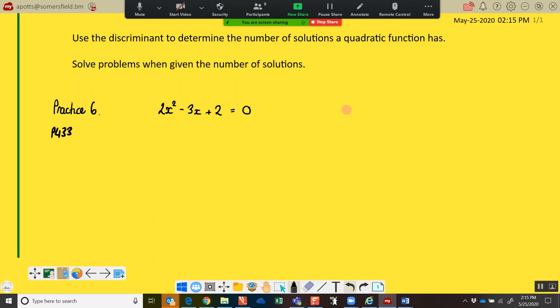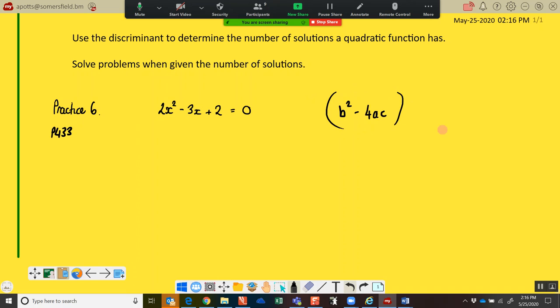Root b squared minus 4. So it's actually just the b squared minus 4ac, not the root. We don't need to put the root in because this is the bit that then, if I root it, tells me the number of solutions. So this bit here, this on its own, is the discriminant.